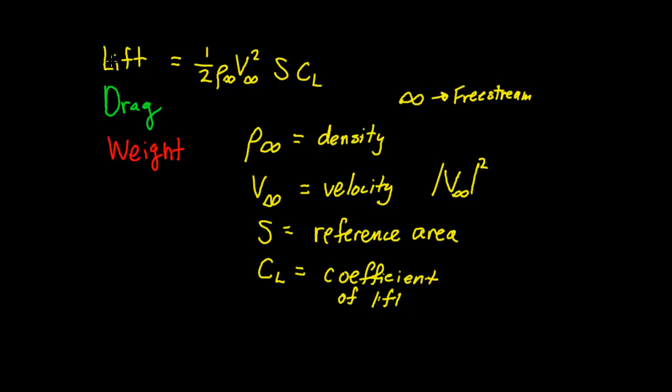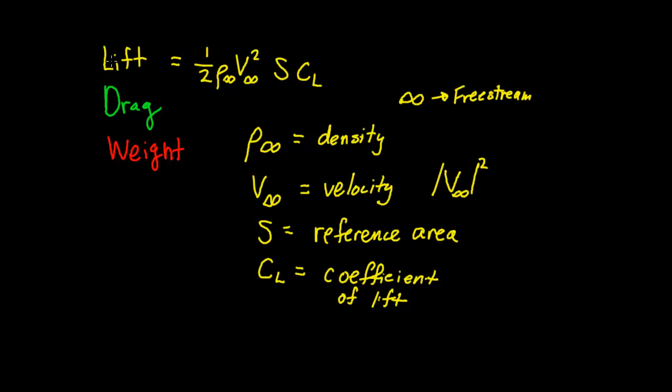So to give you an idea of what this means, the lift force that the vehicle will experience depends on the density of the air. If the density is more, then you're going to have more lift. Kind of makes sense that there's more force to lift against, or the medium will exert more force. And then this V squared, or this velocity, that makes sense.